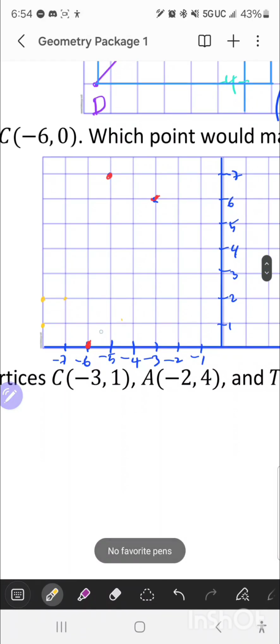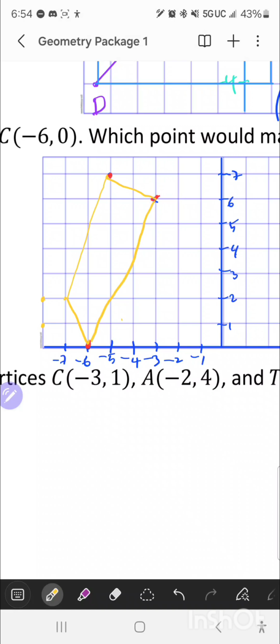Then if we do this, it seems weird because to make a rectangle, the opposite sides need to be parallel and equal. This needs to be equal and parallel to this one, and this needs to be equal and parallel to this one. You can see that they are not equal to each other, so 7 comma 2 is also not our answer.